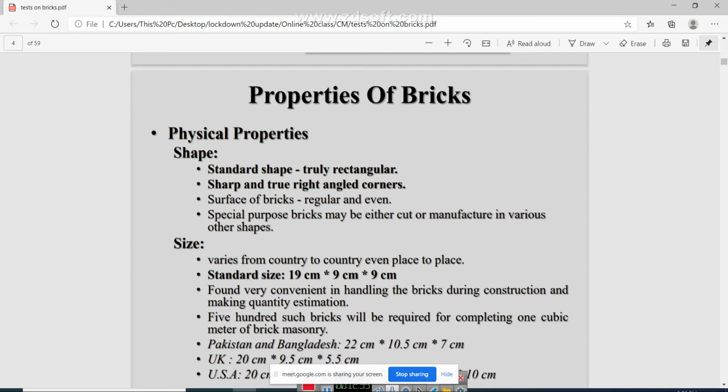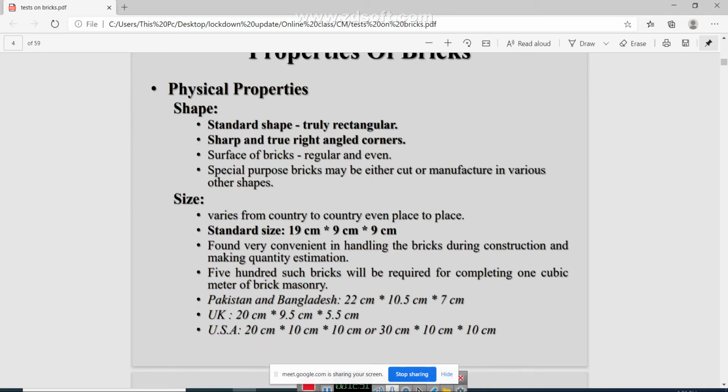Size varies, but the standard size of a brick is 19 cm into 9 cm into 9 cm. 19 centimeter is the length, and 9 centimeter is the breadth and thickness. In some cases you may get a question like, what is the nominal size of a brick? I think you have already studied it in your first year course.